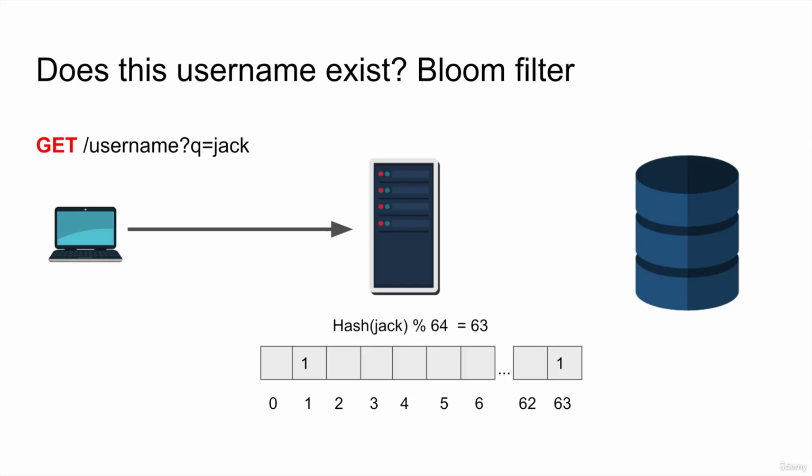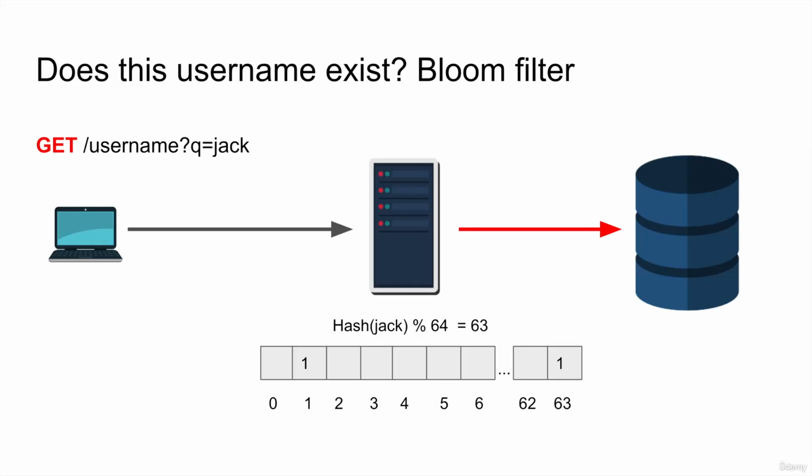Because there might be another string whose hash mod 64 resulted in 63 and set it. Not necessarily Jack himself, but some other string that matched it. But that is actually enough for us. If it's set, then, oh well, I'm gonna take the hit and hit the database. So I kind of saved myself some queries at the database. Is this perfect? No, but it's a very efficient thing to query.